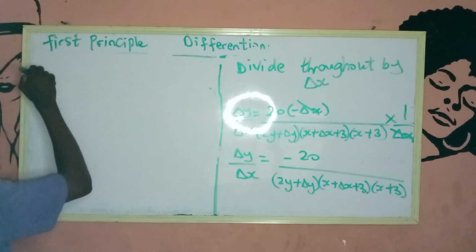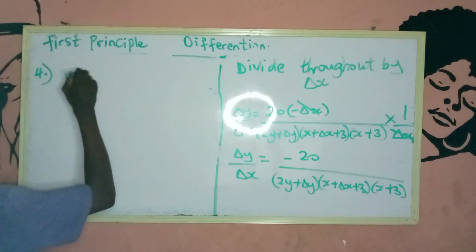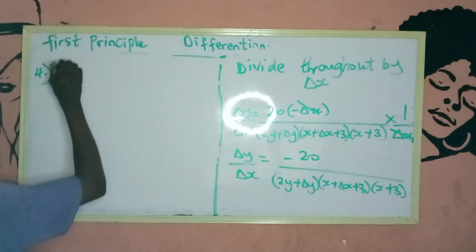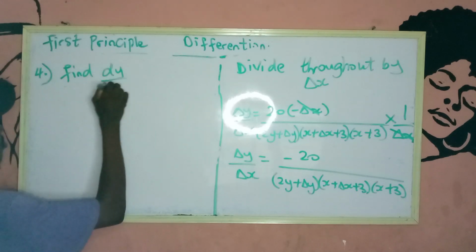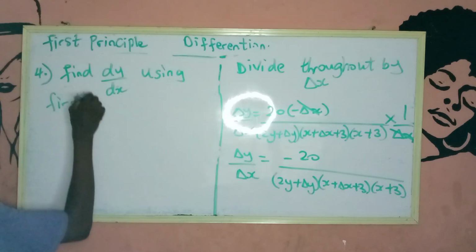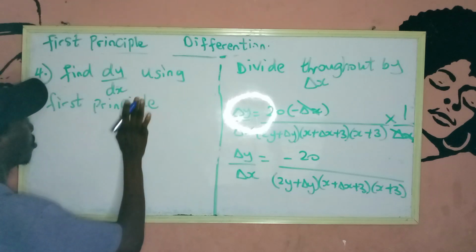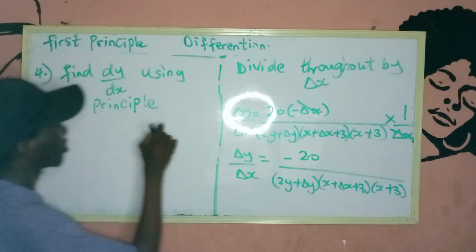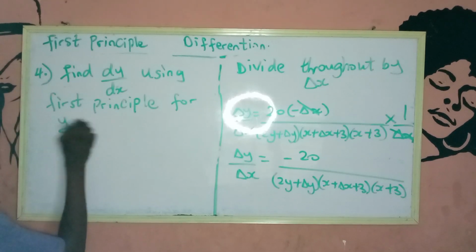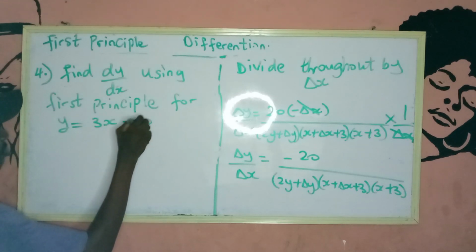Let me do a fourth example before we go. I'll give a fourth example, which is: using first principle, find dy/dx for y equals the square root of 3x minus 10.